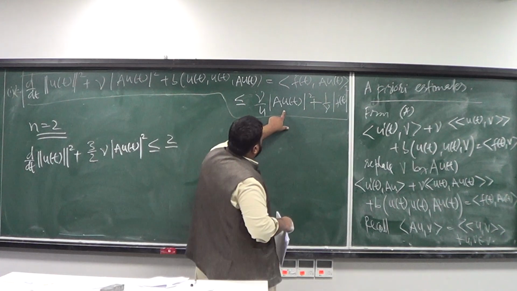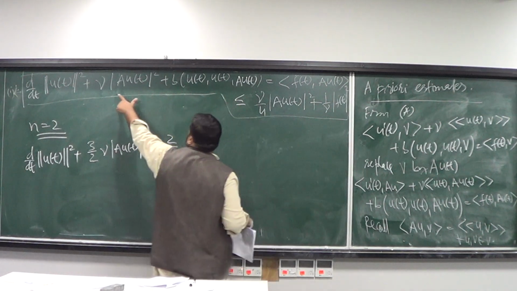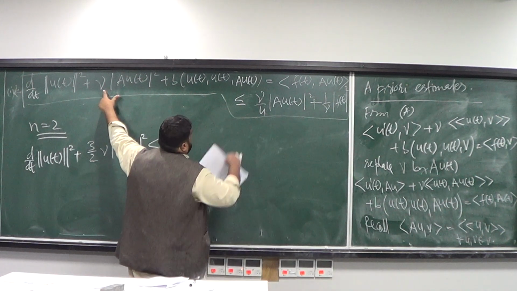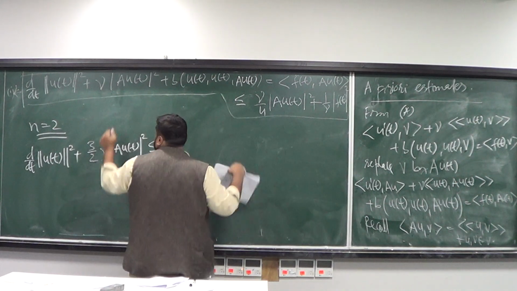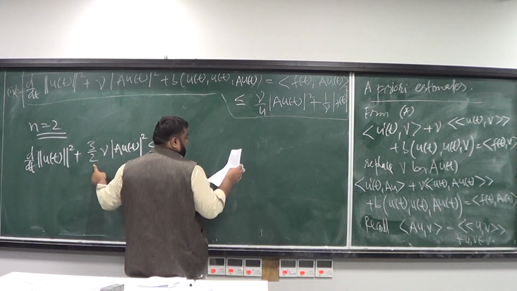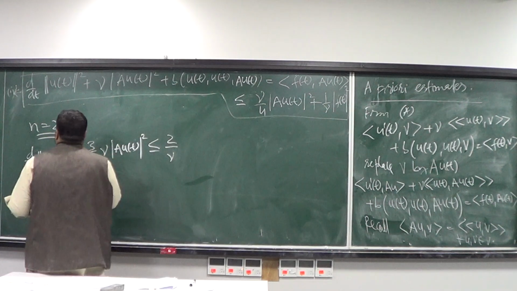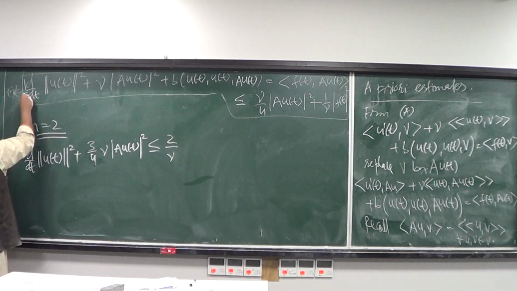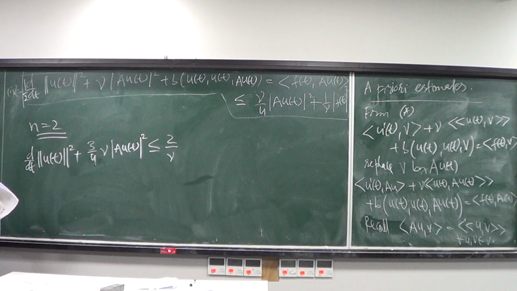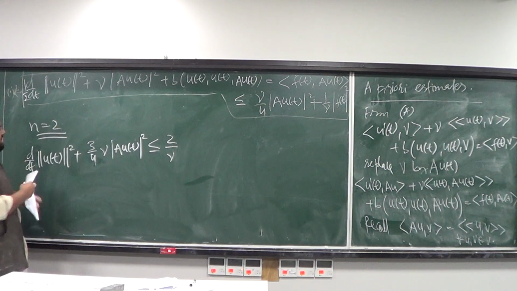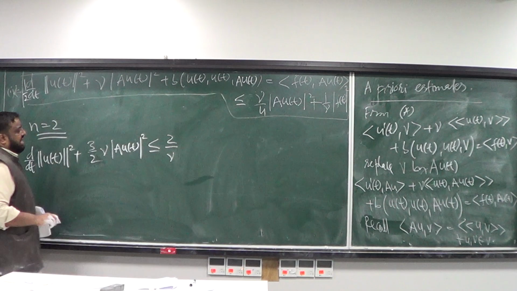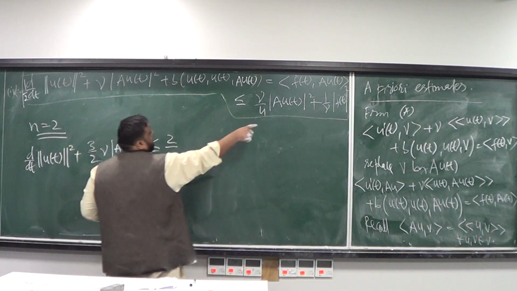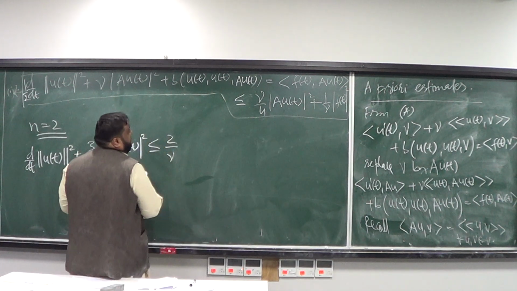I took this and subtracted from here, so I have 1 minus 1/4, which becomes 3/4. I have a 1 over 2 here, so you multiply this inequality by 2, so this becomes 3/2, and this becomes 2 by mu.